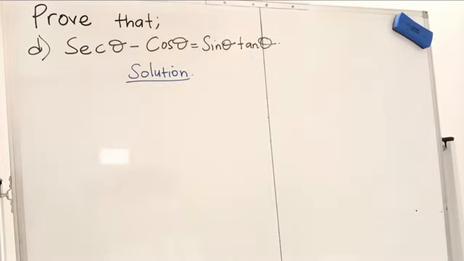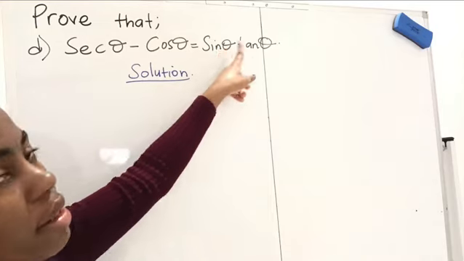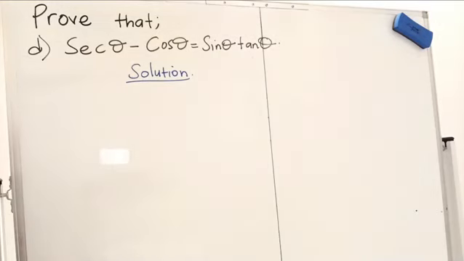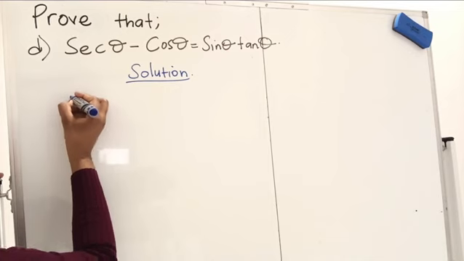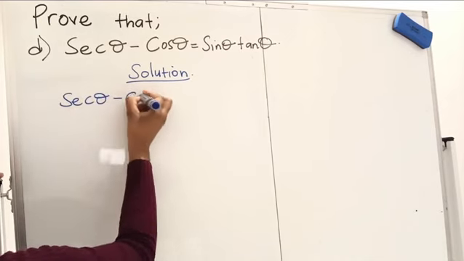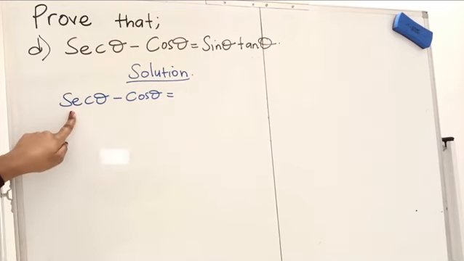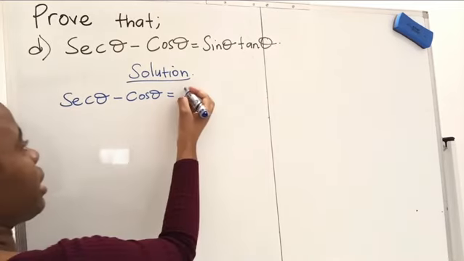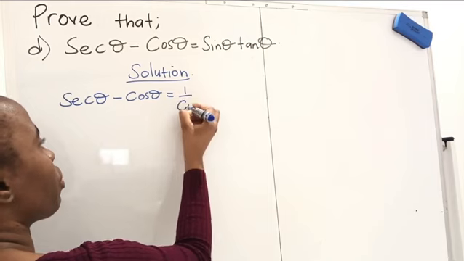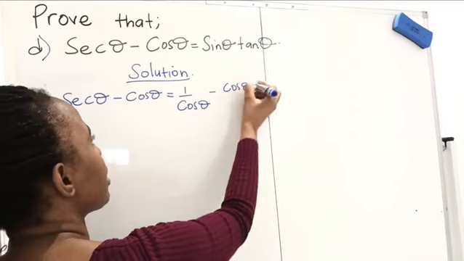Next, we have this one. We have sec theta minus cos theta. We are required to prove that it is equal to sine theta tan theta. So what we do, we start from the left hand side. We write sec theta minus cos theta is equal to what? Now, sec theta is the reciprocal of cos theta. So I will say this is equal to 1 out of cos theta minus cos theta.